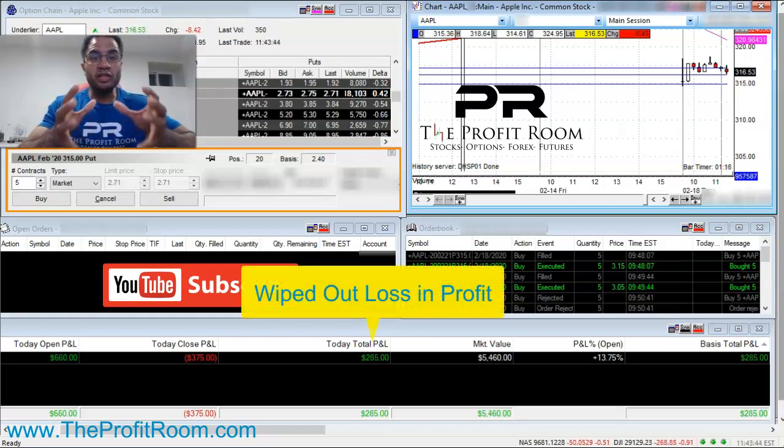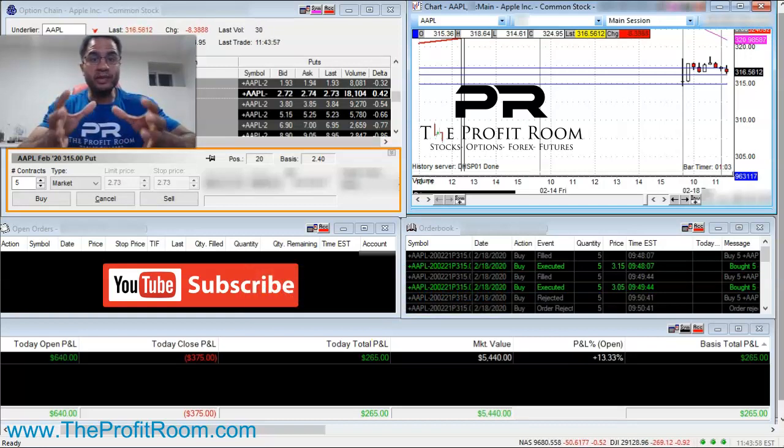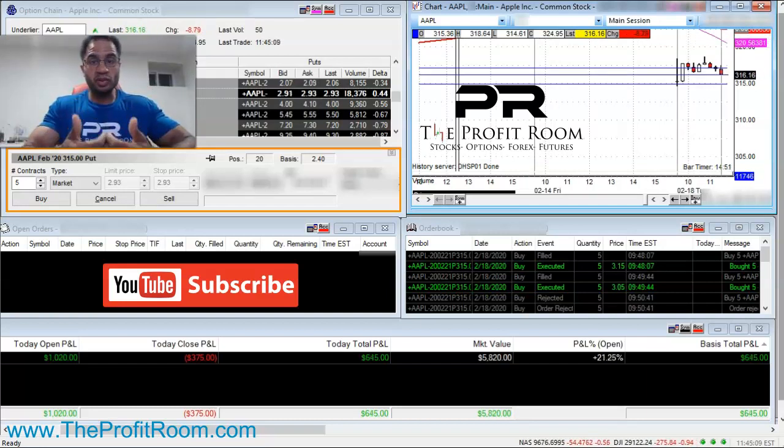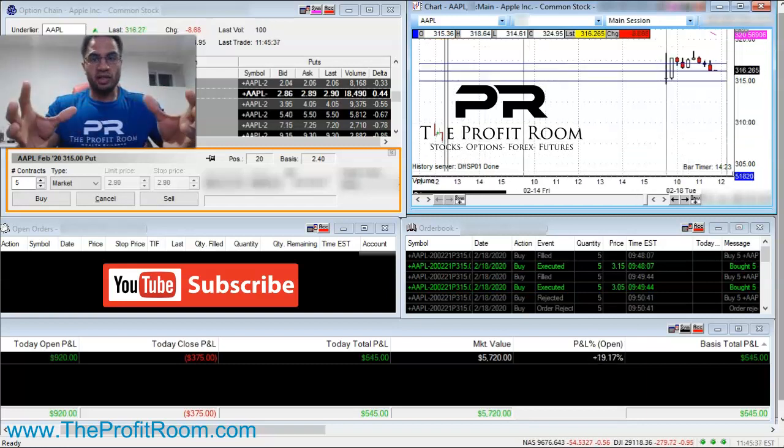Now, as a newbie trader, you want to at least be green or flat in the market. Now, flat means you don't even want to have to take a loss. This would be a perfect opportunity for you to make your money back, log off your computer, and have an amazing day.